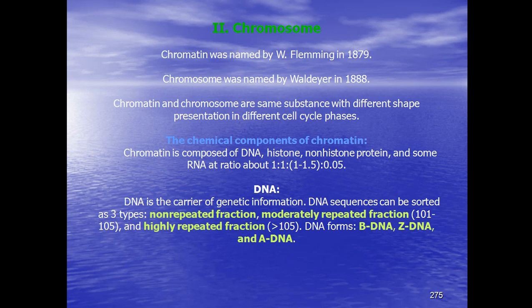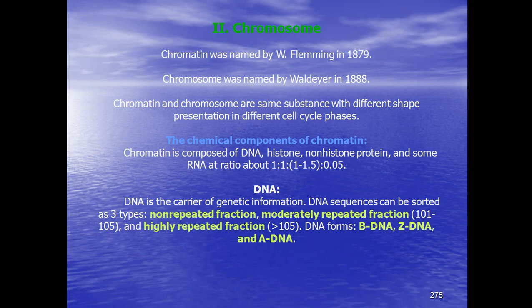They are the same substance with different shapes, presented in different cell cycle phases. When the cell is in a non-dividing phase or interphase, we call it chromatin fiber. If the same chromatin condenses, becoming short and thick, which happens during cell division, mitosis and meiosis, then you call it a chromosome. That's the only difference.